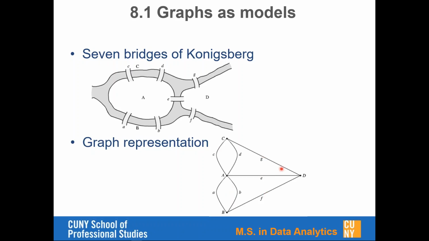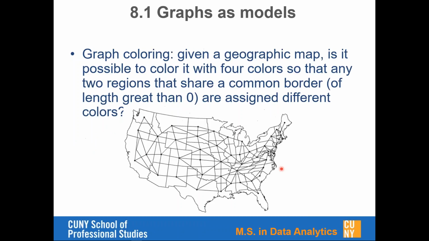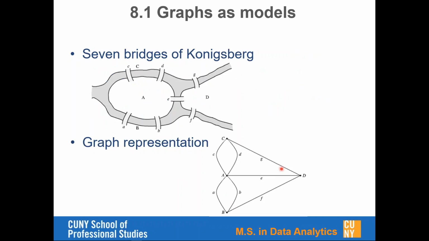That's the edge set. And then we say incident. We say what's the incidence of a particular node, which would be all the edges that are incident from a particular node. In this case, for the node capitalized C, the incidence is to c, d, and g edges.